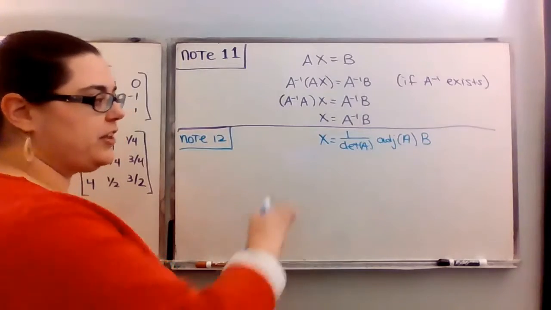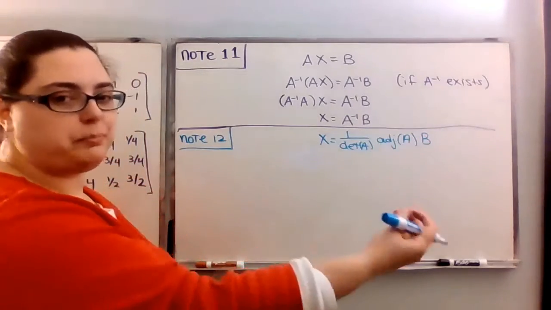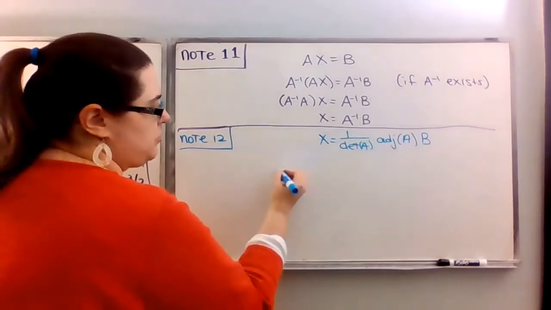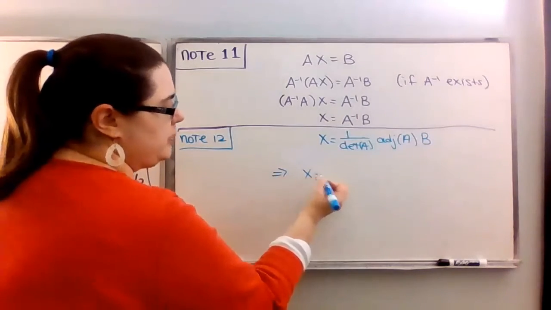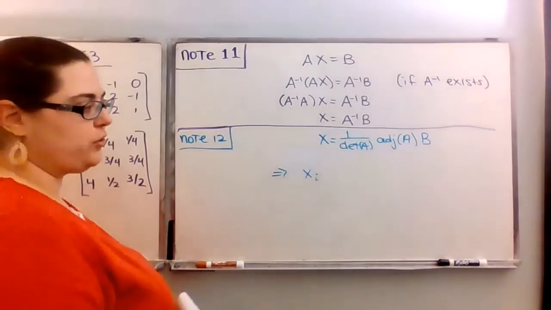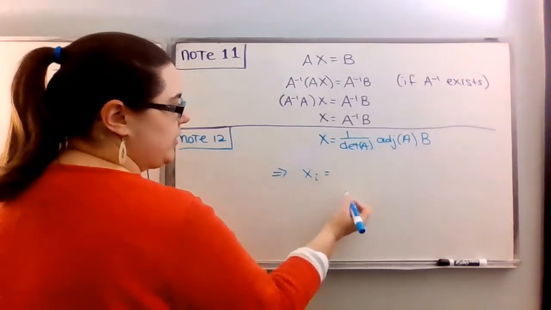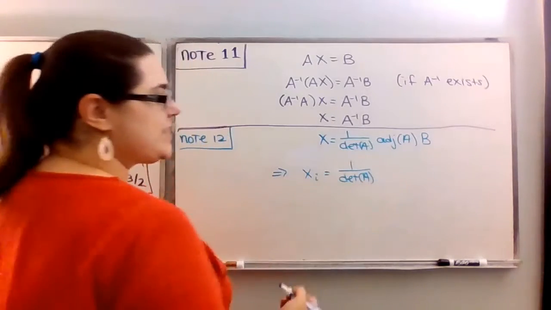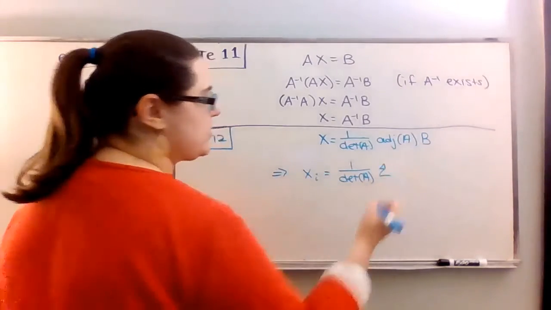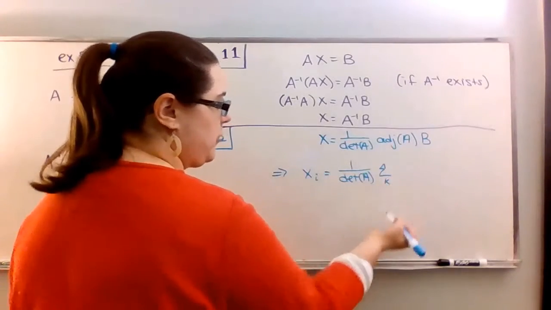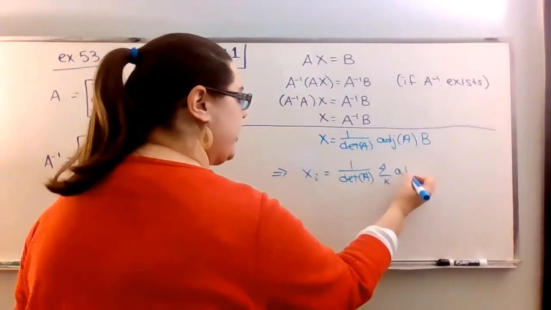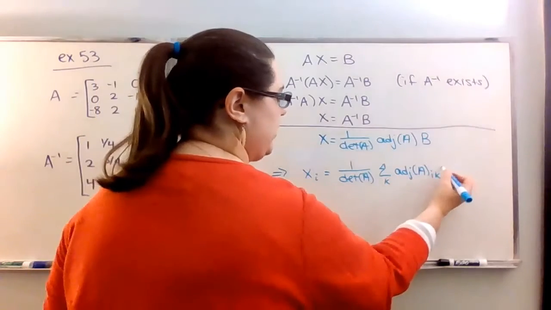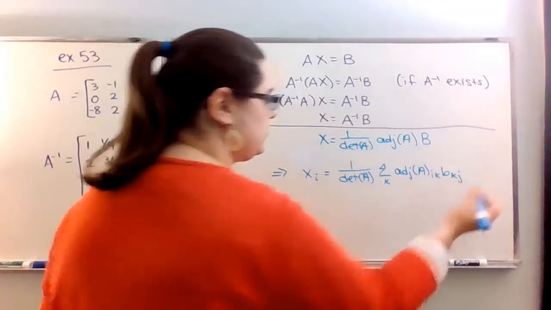Now, instead of thinking of this full matrix, I'm just going to pluck out one x sub i in particular. So this is going to imply that if you give me an arbitrary ith value of x, that's going to give me 1 over the determinant of A times the sum over k of the adjoint of A, ik, b, kj.